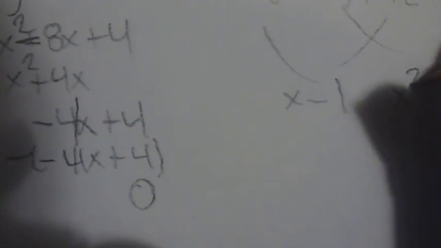And from here we have our x minus 1, we have our x squared plus 4, actually I have 2 of these.